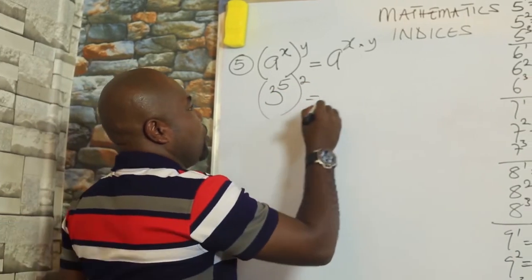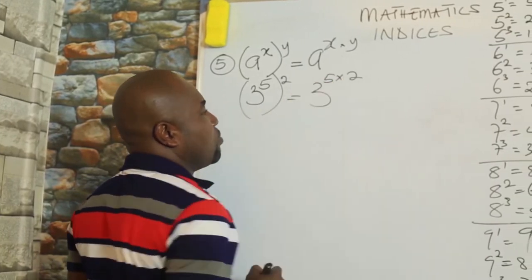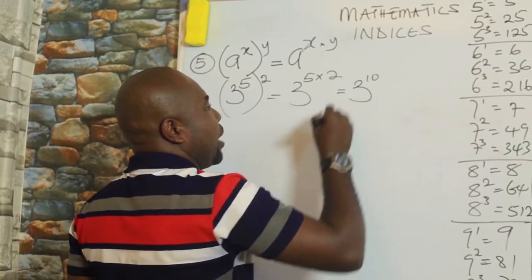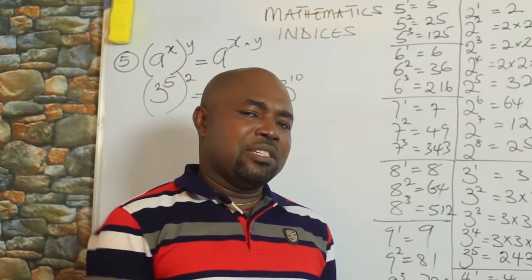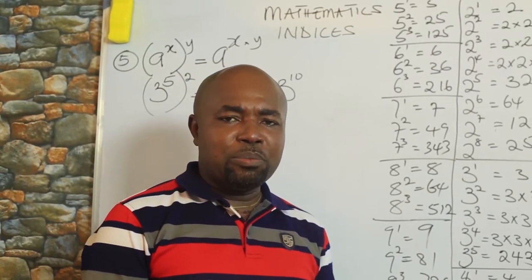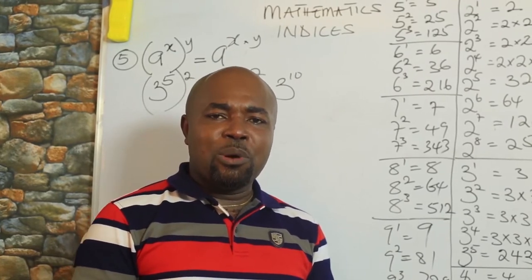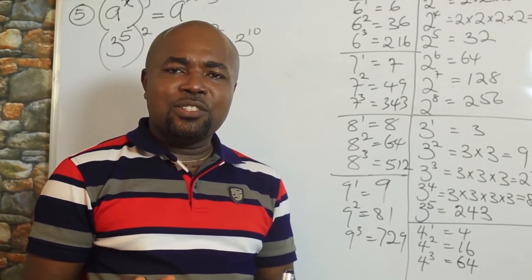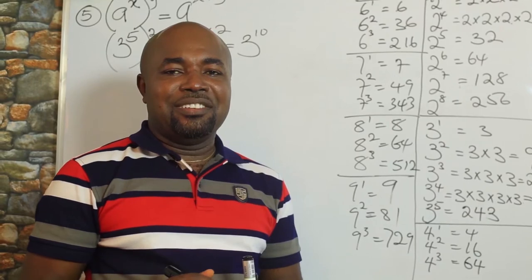This is equal to 3 raised to the power 5 times 2, which is equal to 3 raised to the power 10. This is just the 5th law. I want you to pay attention. Indices is a very simple topic, but you will get to a stage where you have some complex questions. And if you pay attention very well, you will understand what the rule of the game is all about.